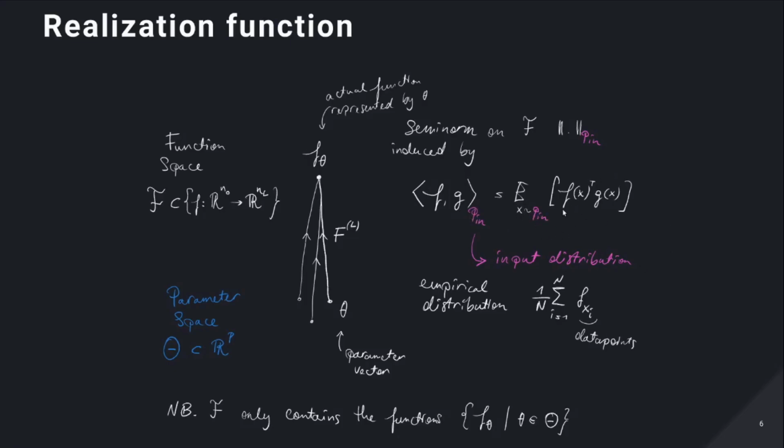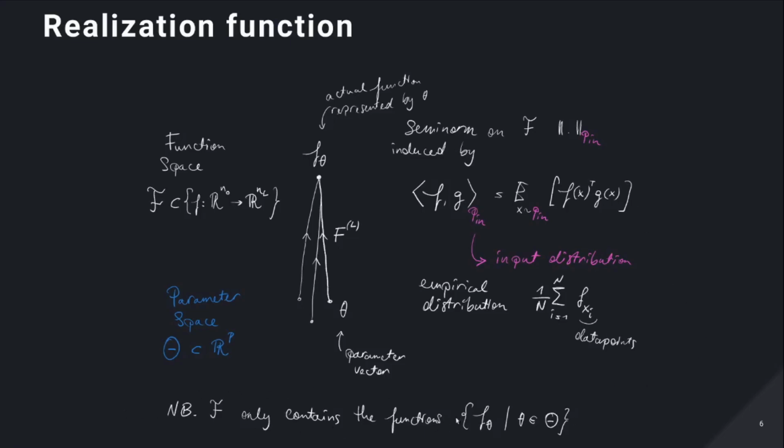So this expectation here, where we're taking x sampled from our input distribution, and evaluating essentially the inner product, but in the output space, of f(x) and g(x).